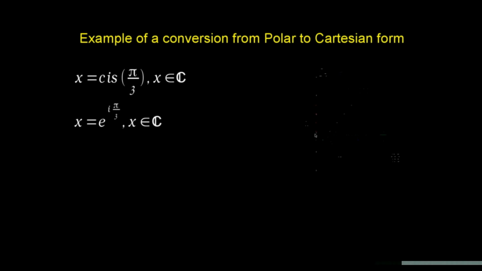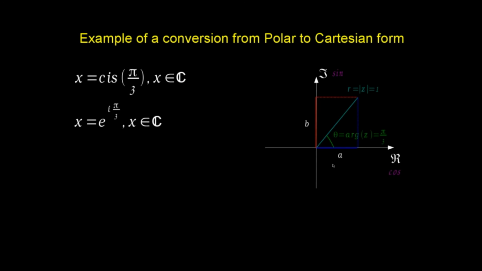And again, let's use the Lagrange diagram to help us in these calculations. So we have here the modulus of our complex, which is 1, and its argument, which is π divided by 3, and we want to determine our a and b. So our a will be 1 times cosine π divided by 3, which is 1 divided by 2. So we have the solution for our a, which is 1 divided by 2.